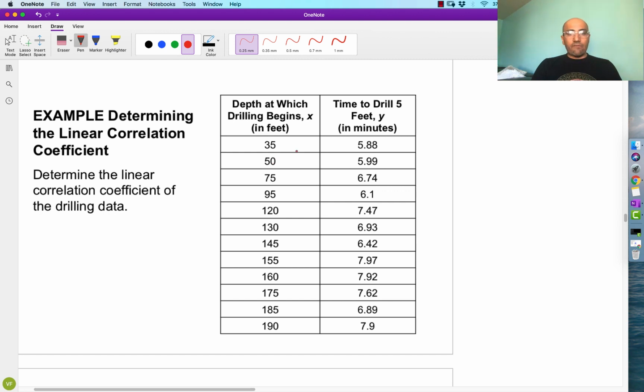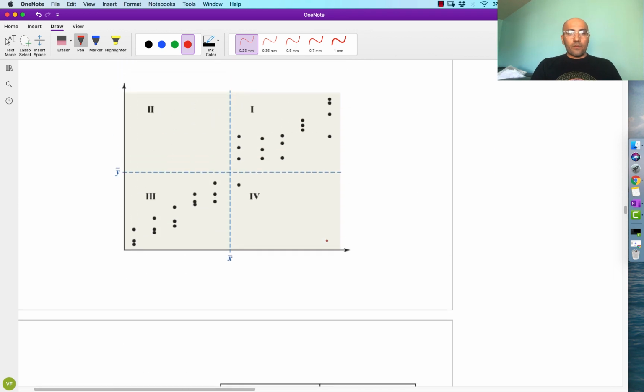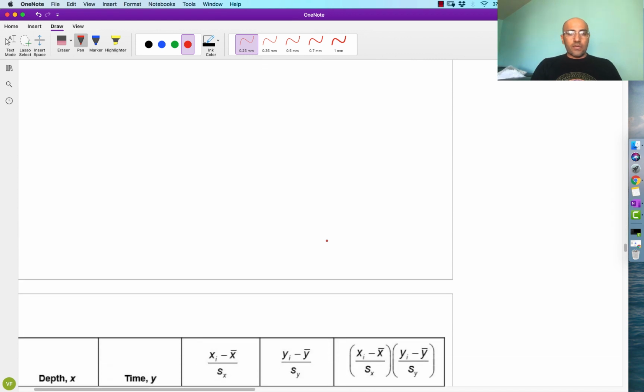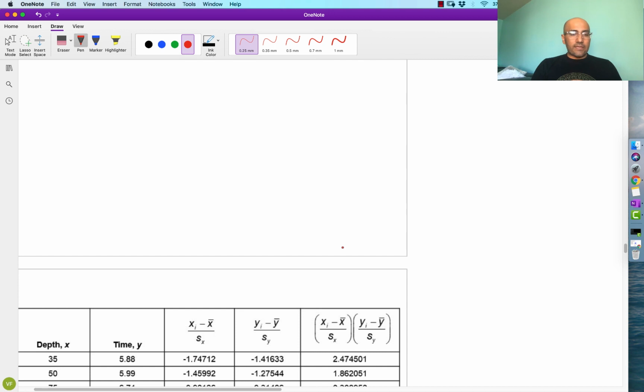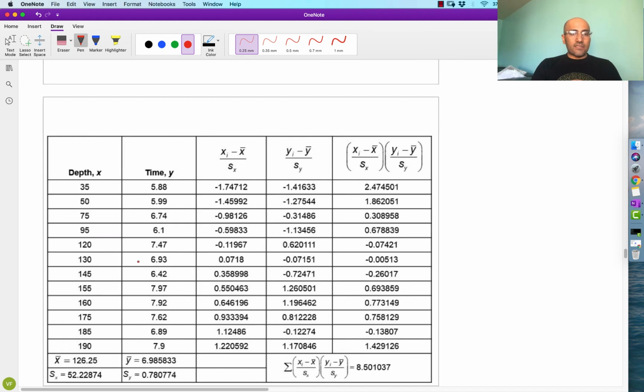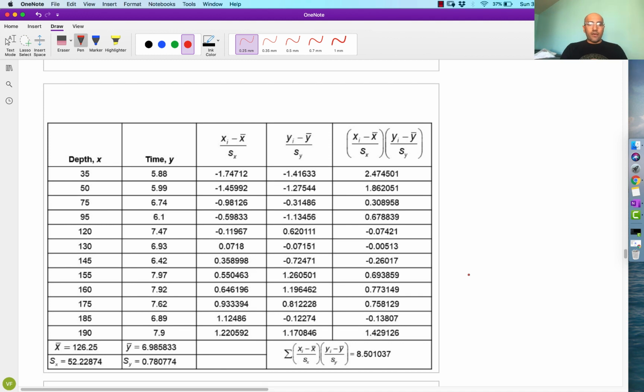At a depth of 50 feet, it took another 5.99 minutes to drill another 5 feet, and so on and so forth. Here is how we can calculate the correlation. I would strongly recommend that you create a table like this on your own work when you want to find the R value by hand, if you're asked to do this on your homework.